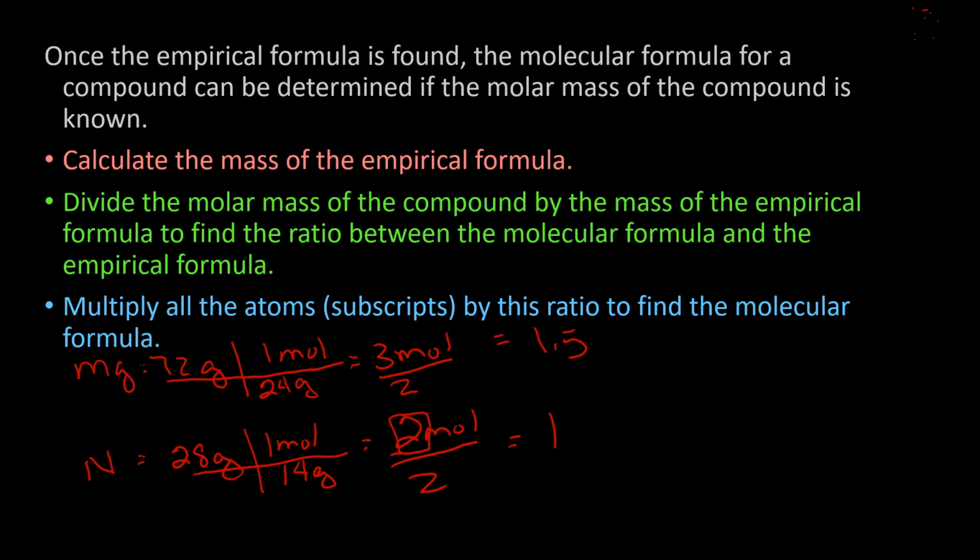We need to be within a tenth to be able to round, so 0.9 and up, or 0.1 and lower. So to get this to a whole number, we need to multiply this times 2, and if I multiply that times 2, I need to multiply the rest of them times 2.